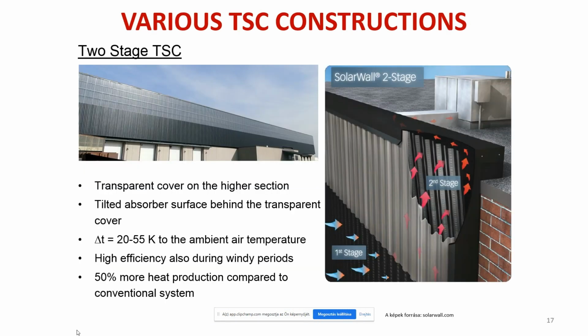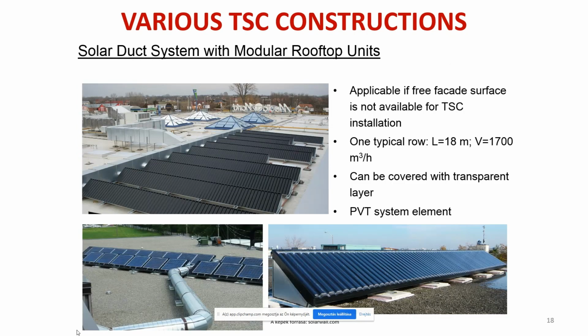In certain very cold conditions, you can use two-stage transpired solar collectors with glazing. The higher part of the transpired solar collector is equipped with a transparent glazing, and this is why it can reach higher temperatures, and it's protected from the environmental loss where it reaches the highest temperature, and it's a second stage of the transpiration.